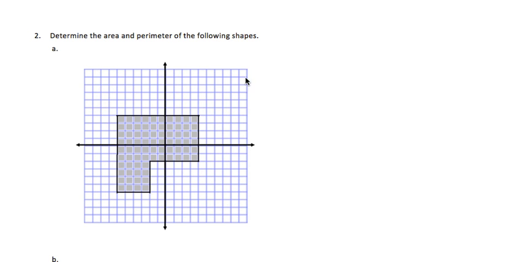In exercise 2, we're asked to determine the area and perimeter of the following shapes. So we're starting off with a rather simple composite figure that is clearly made up of 2 rectangles. Let's find the perimeter first by counting each of the sides.